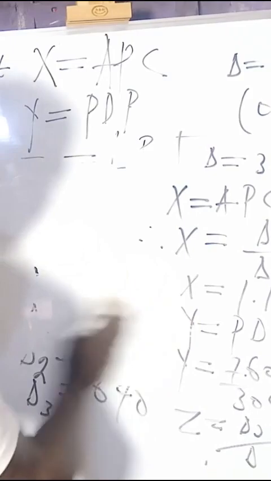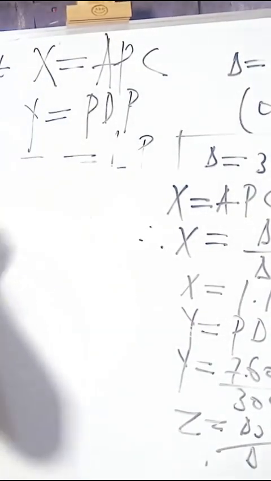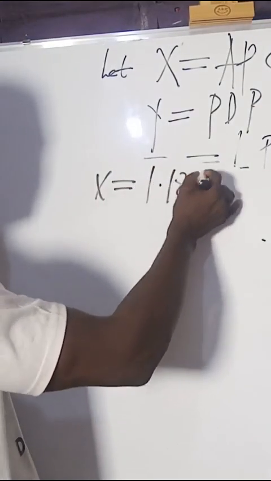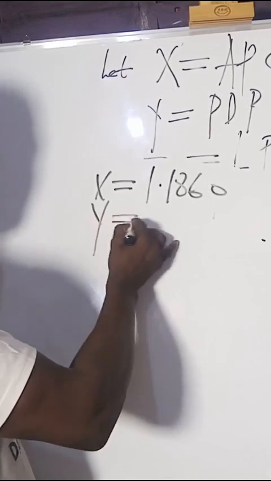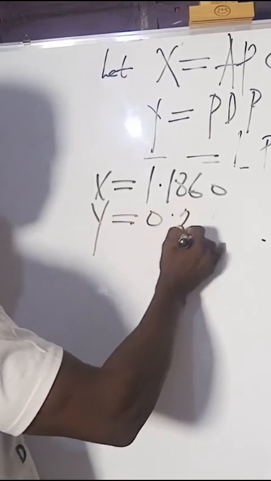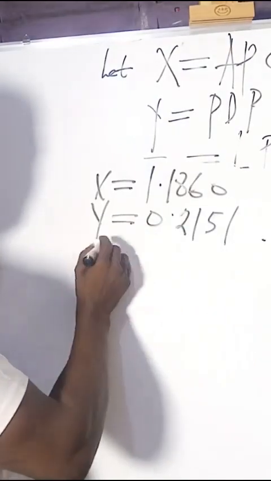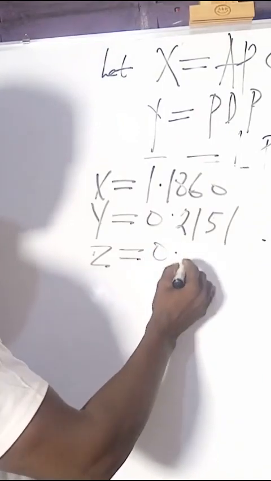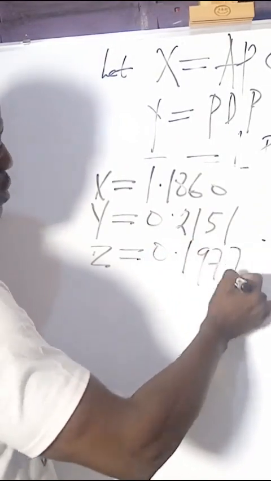So in summary, the value of x is 1.1860, the value of y is 0.2151, and the value of z, which is for the Labour Party, is 0.1977.